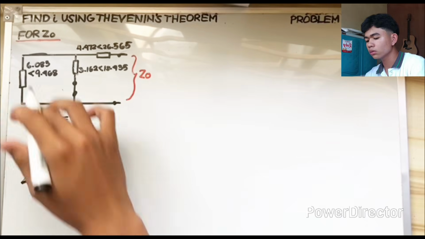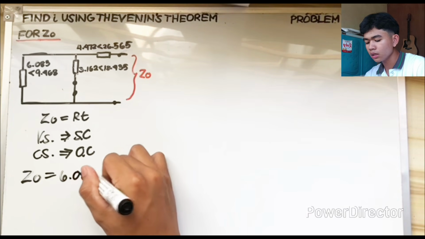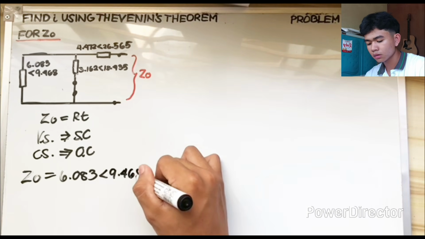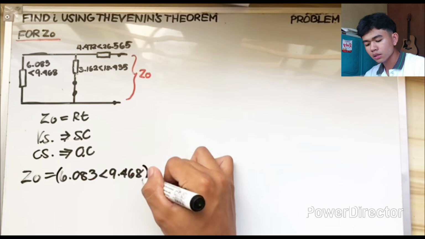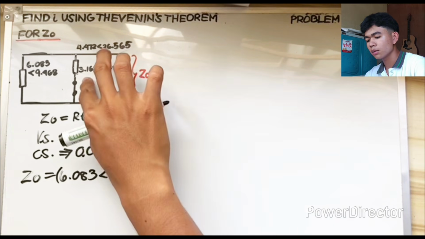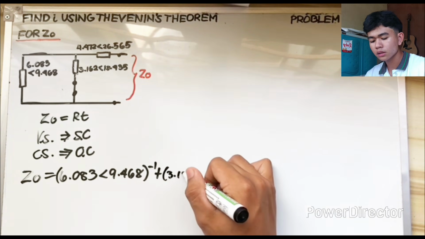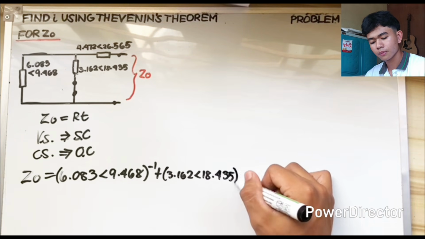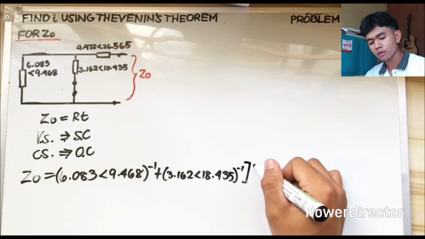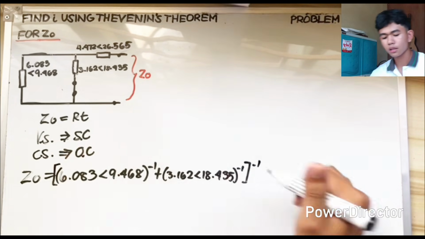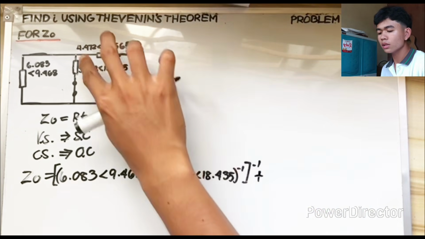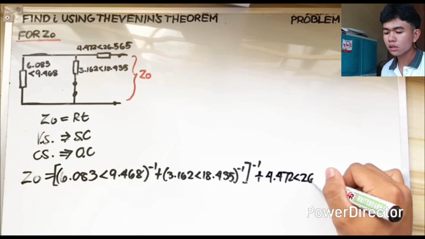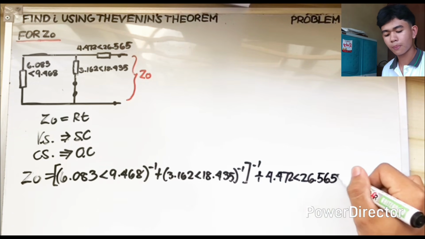ZO is equal to 6.083 angle 9.462, which is in parallel with the impedance of 3.162 angle 18.435, and in series with the impedance of 4.472 angle 26.565.